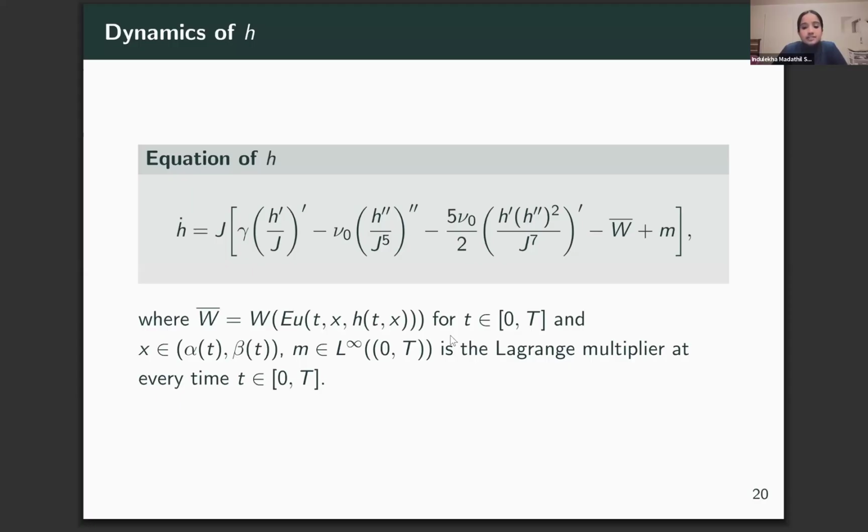Because of that, we have a Lagrange multiplier at every time point t, which is a constant for a given time point. And W bar is the value of the elastic energy term on the graph of H.